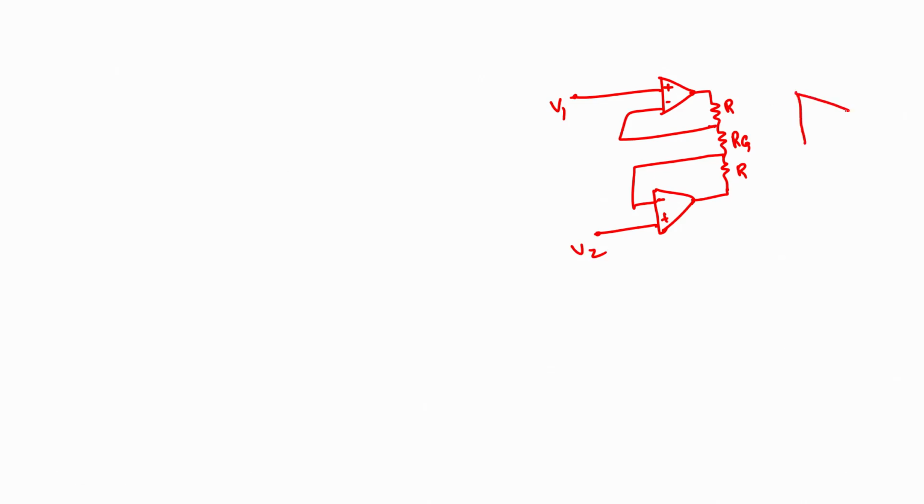So, this is R, this is R, this is Rg if I take, minus and plus connecting here, this here and this here. If I say this is V1, this is V2, and I should also have a differential amplifier here.